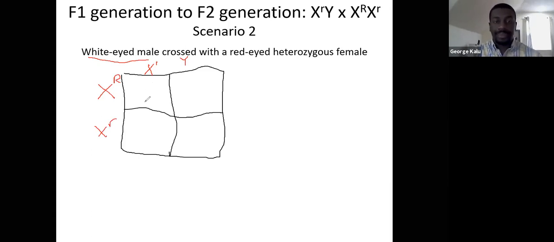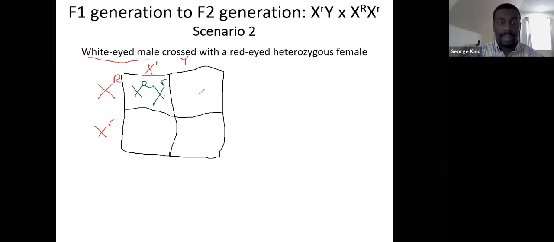Okay, so now if we were to do our Punnett square, what would we find in that first box? X big R, X little r, perfect.